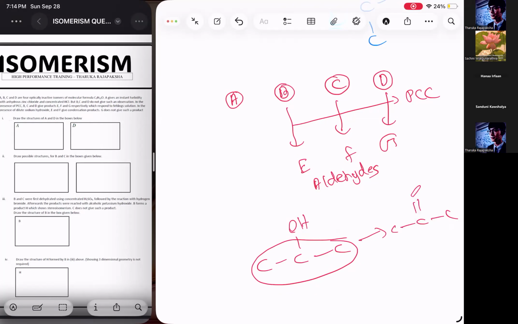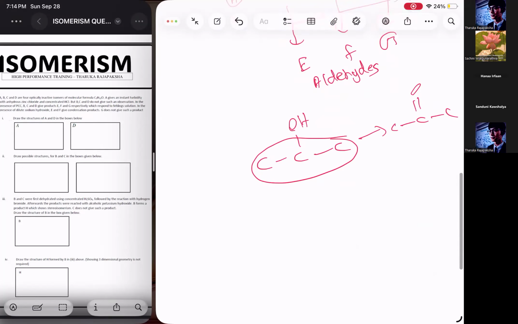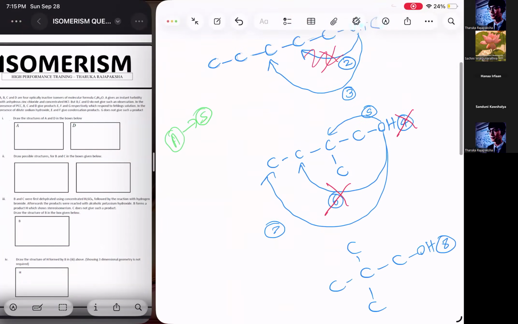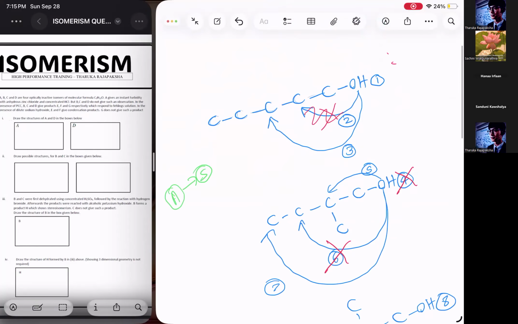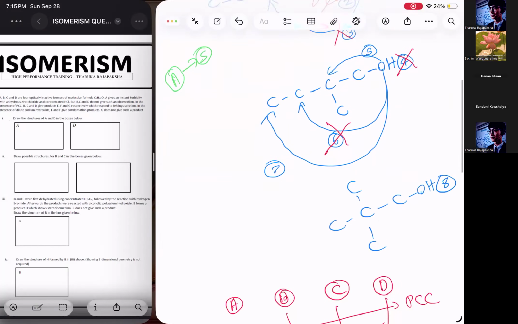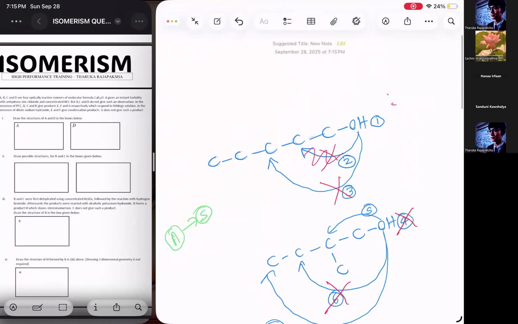If the OH was attached to a terminal carbon, like this, then it will give an aldehyde because it's PCC. Now, we can remove every secondary alcohol. So the third one we can remove. Third one is a secondary one. Seventh one is fine. Eighth one also fine. Okay, we removed one more. Now let's see.